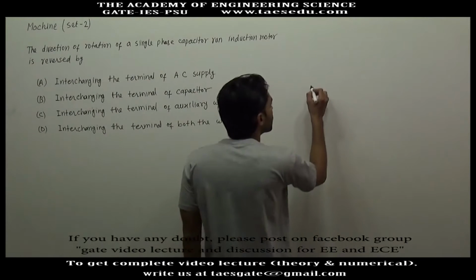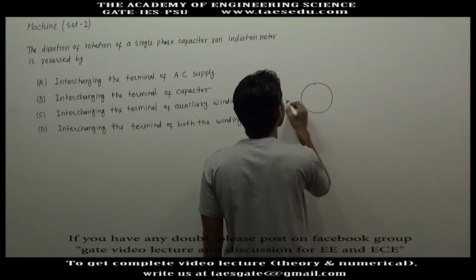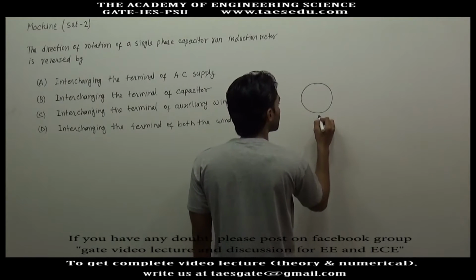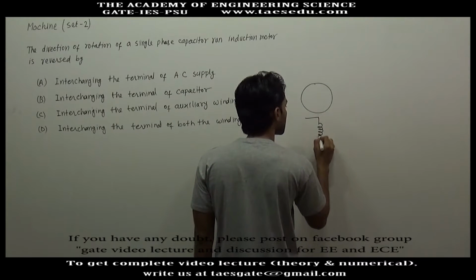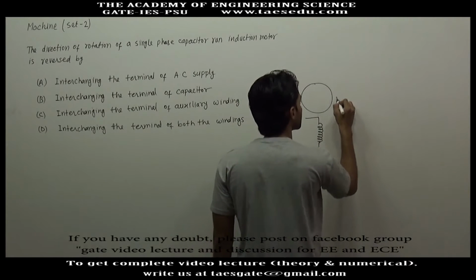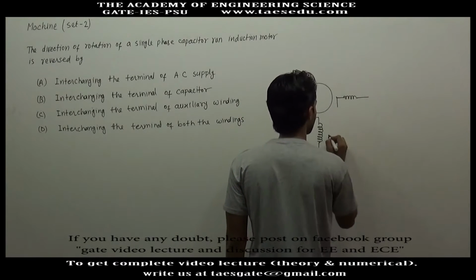In an induction motor, there is one main winding, let's say this is the main winding and this is the auxiliary winding.